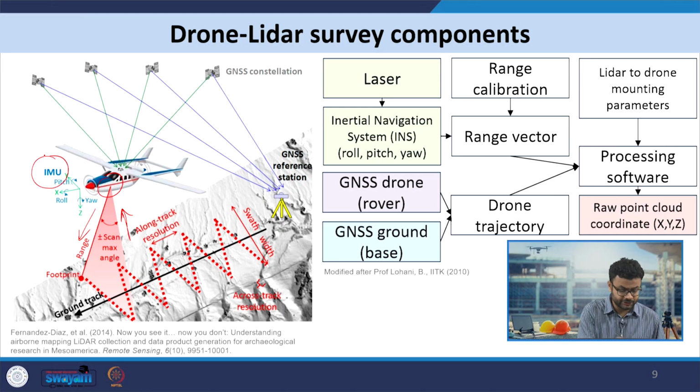There is also an inertial measurement unit which measures the roll, pitch and yaw. There is a GNSS antenna on top of the drone which measures the position in the WGS 84 coordinate system. There is also a GNSS station on the ground which acts as a base to correct the trajectory of the GNSS observation on the drone.